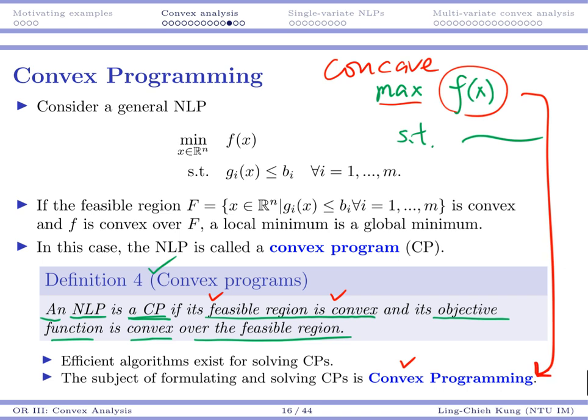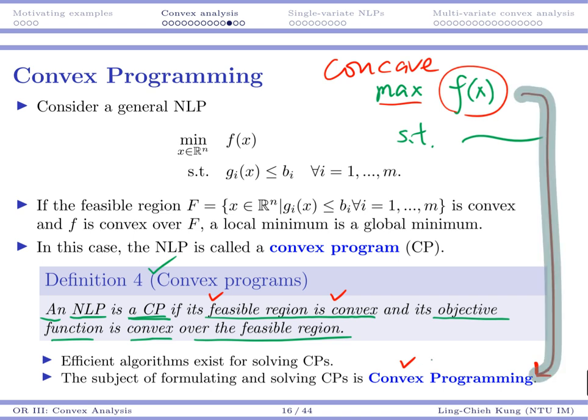So there's no such term as concave programming. We only have convex programming. We are minimizing a convex function or maximizing a concave function subject to a feasible region that is convex. Then we say you are doing convex programming.